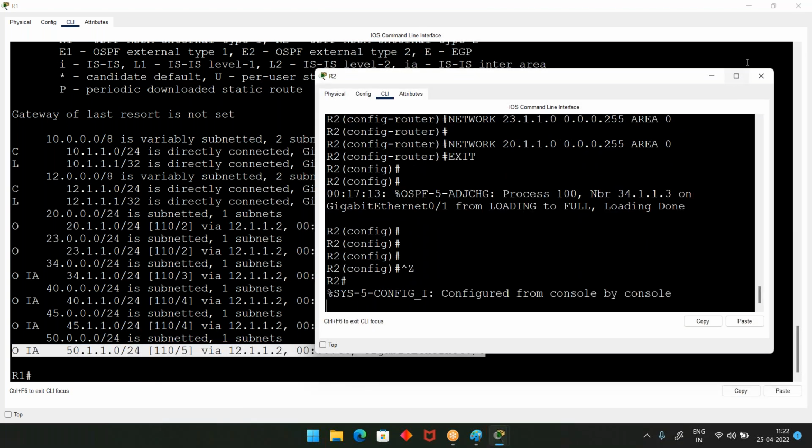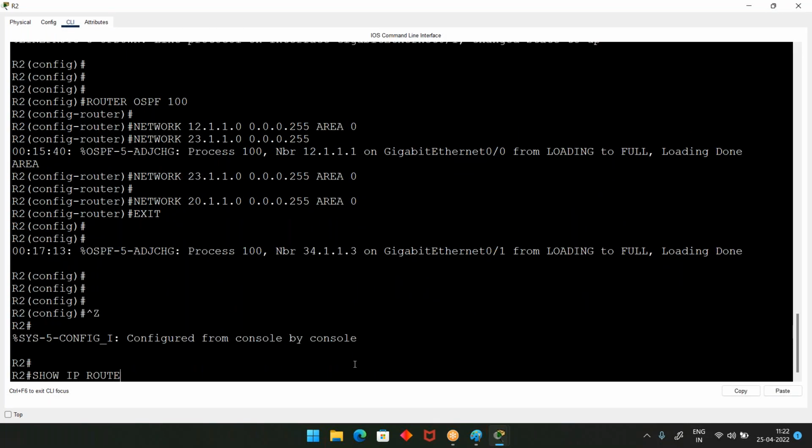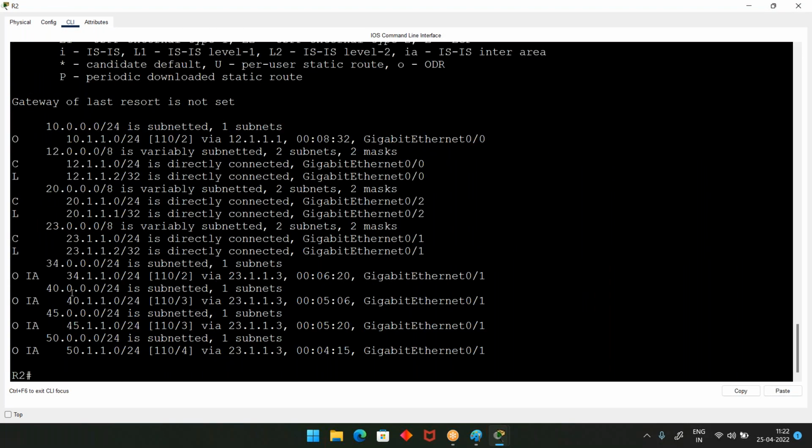Let's go to R2 as well. Show IP route. In R2 also I can see 40.1.1.0 and 50.1.1.0 as well.